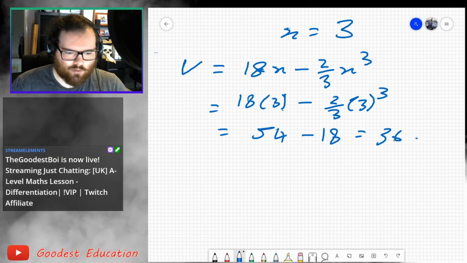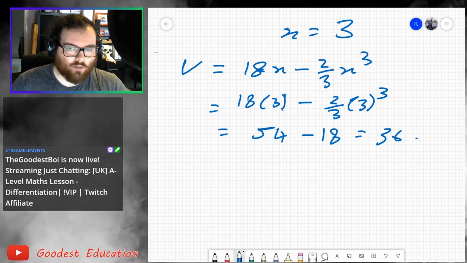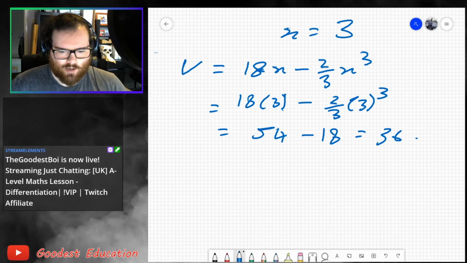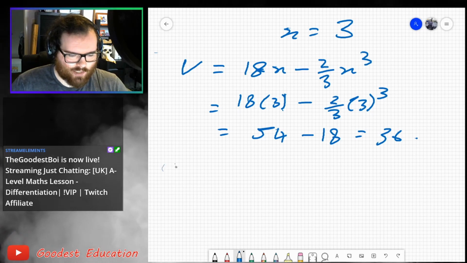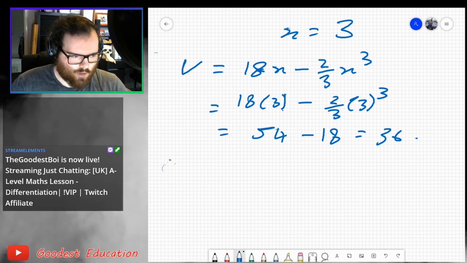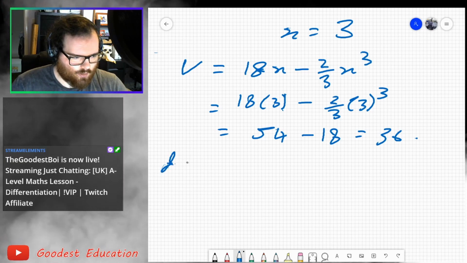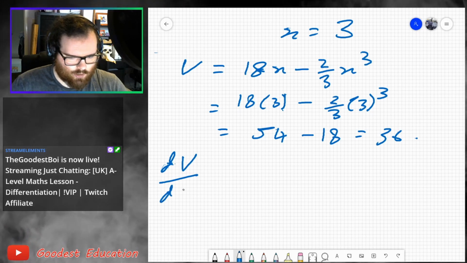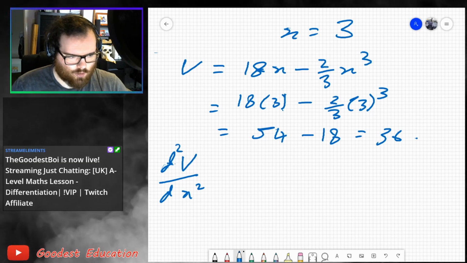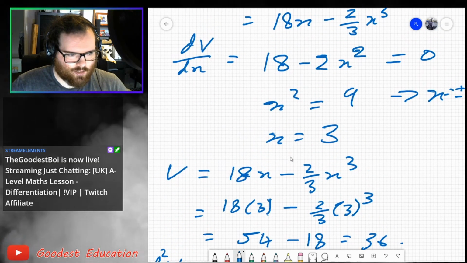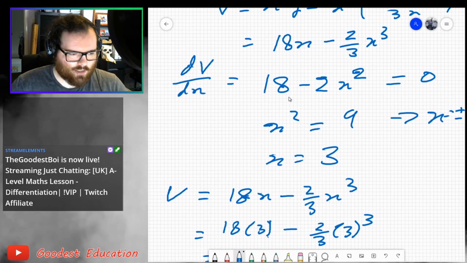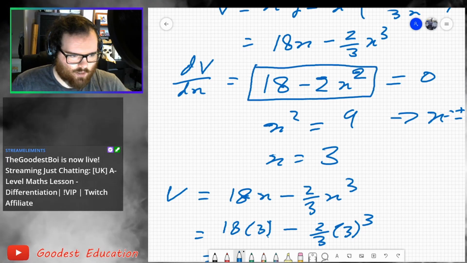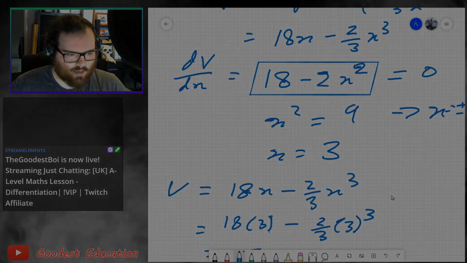So V equal to 36 is either a maximum or a minimum, but we don't know which because we haven't investigated what that stationary point looks like. But instead of drawing out this equation, we can work out d²V/dx². dV/dx is equal to 18 minus 2x squared, so we're going to differentiate that again.